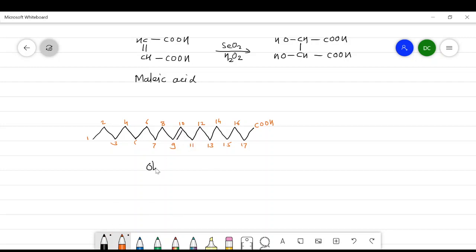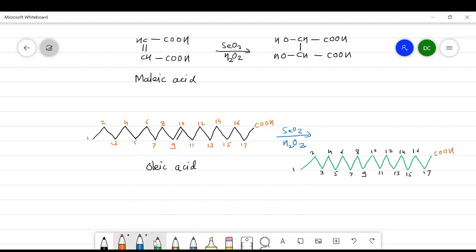This is the structure of oleic acid, and when this oleic acid is treated with SeO2 in presence of H2O2, it causes hydroxylation at these carbons, and we will get a 9,10-dihydroxystearic acid. And the structure of this stearic acid, I will write here once again. There is a presence of 18 carbons, including the COOH group.